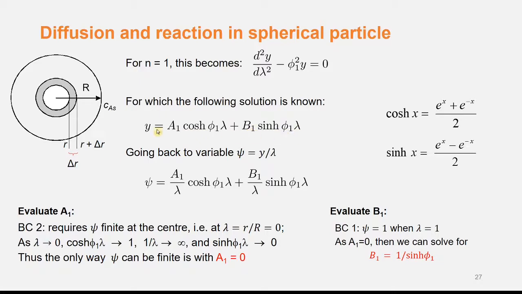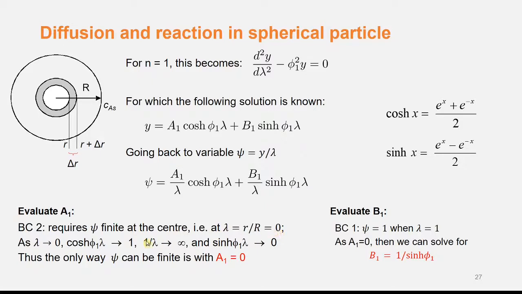Now that we have the solution for y, we can go back to the original dimensionless concentration psi, and we can apply the boundary conditions to obtain the values for the constants a1 and b1. We can evaluate a1 using boundary condition 2, which requires that psi remains finite at lambda equal to 0.